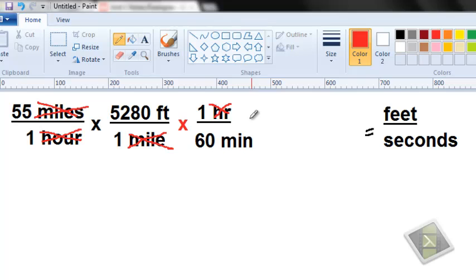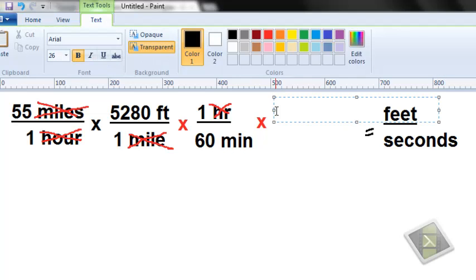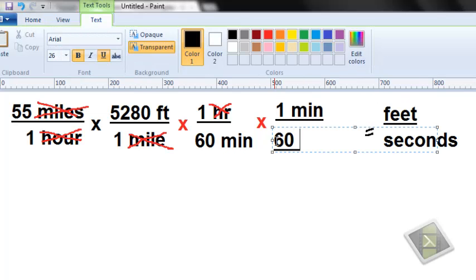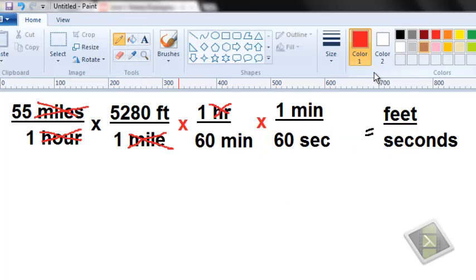I've got to do one more conversion. We've got to convert now minutes to seconds. Minutes has got to go on the top. In 1 minute, there's 60 seconds. And we got to get rid of my minutes here, so cancel that out, cancel that out. So eventually my labels, I have feet on top, I have seconds on the bottom.